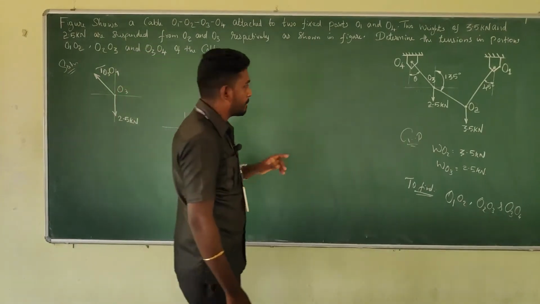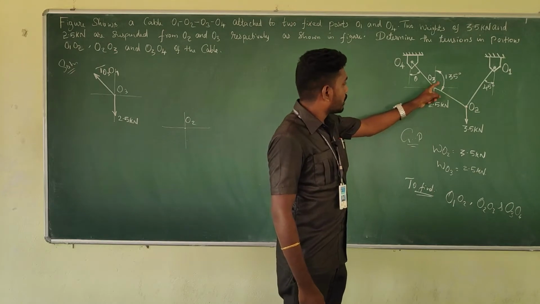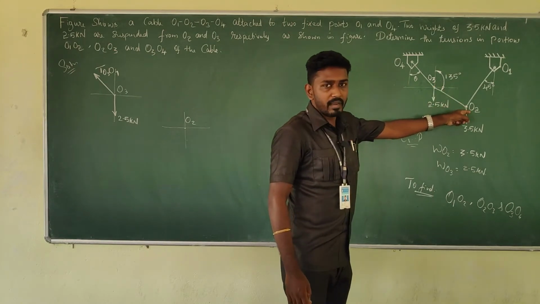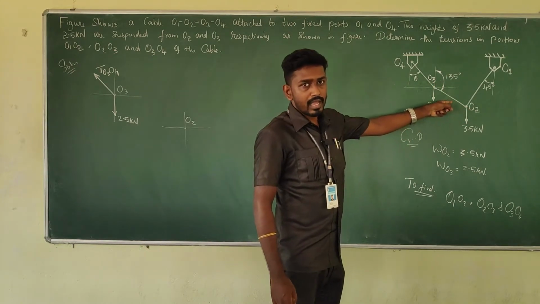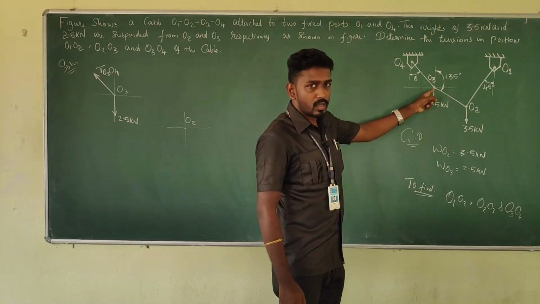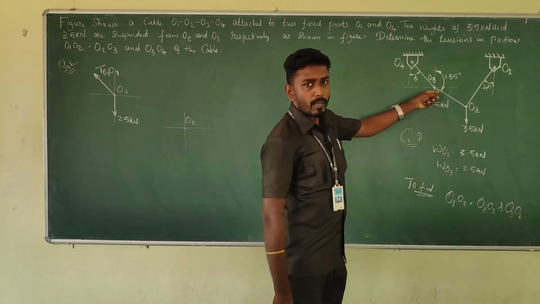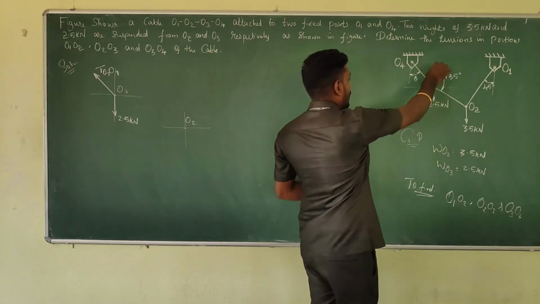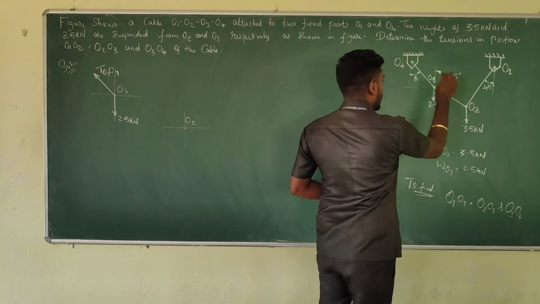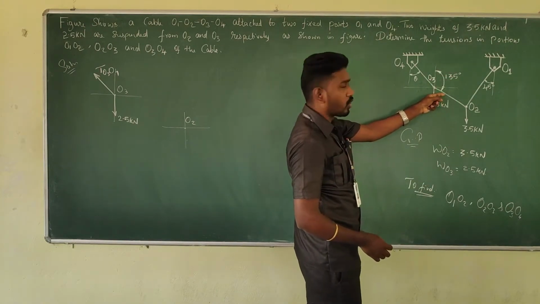And then in the cable O3 to O2 there must be a tensile force, and here I am considering the point O3, so definitely this tension force will move outwards. If you make it into the quadrant system, it will come in the fourth quadrant, am I right?